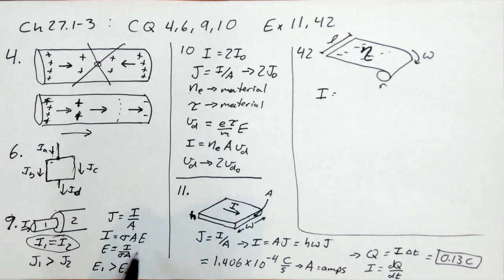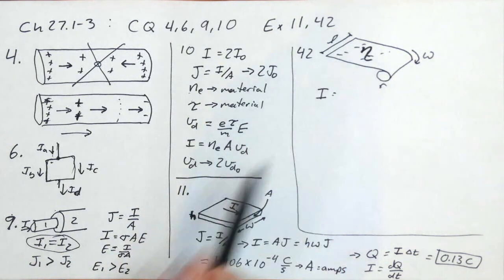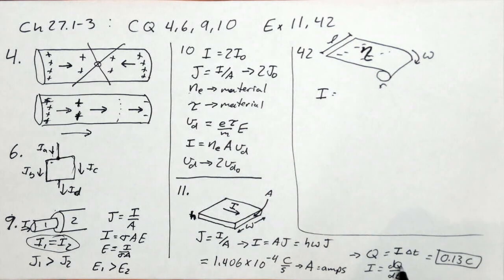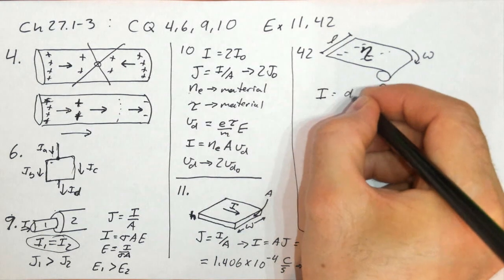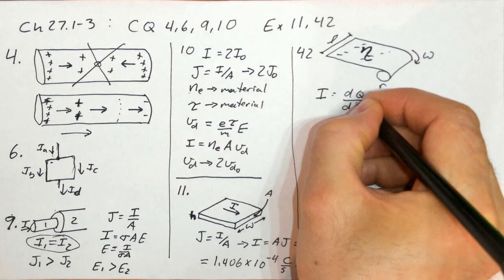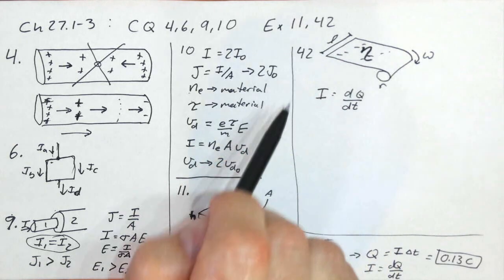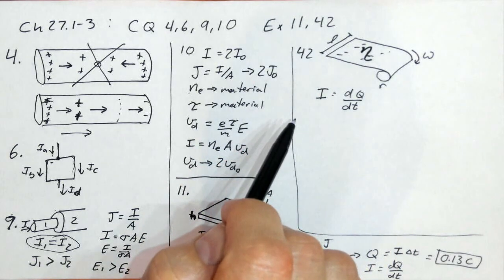We can't jump back here and use some of this, because what's moving the charges is not an electric field, it's physical moving. But the definition, just like we saw down here, is the amount of charge flowing past a point in time. So we have to rederive an equation for current in this moving plastic film.